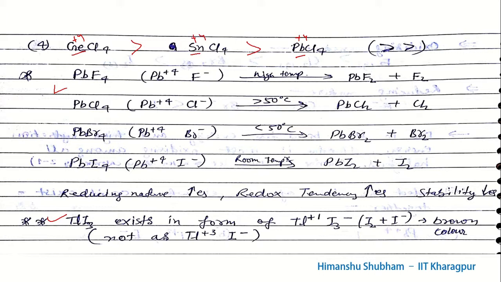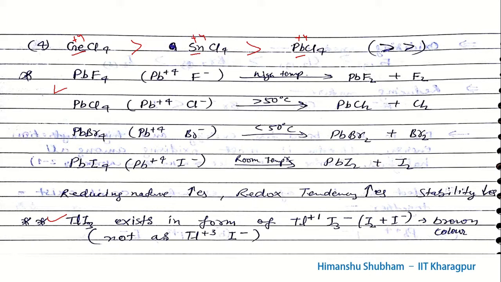So let us end this lecture at this point. I hope you have understood the correct order of the oxidizing nature of various halogens, the reasoning behind it, and the application of that order in deciding the stability of various compounds.